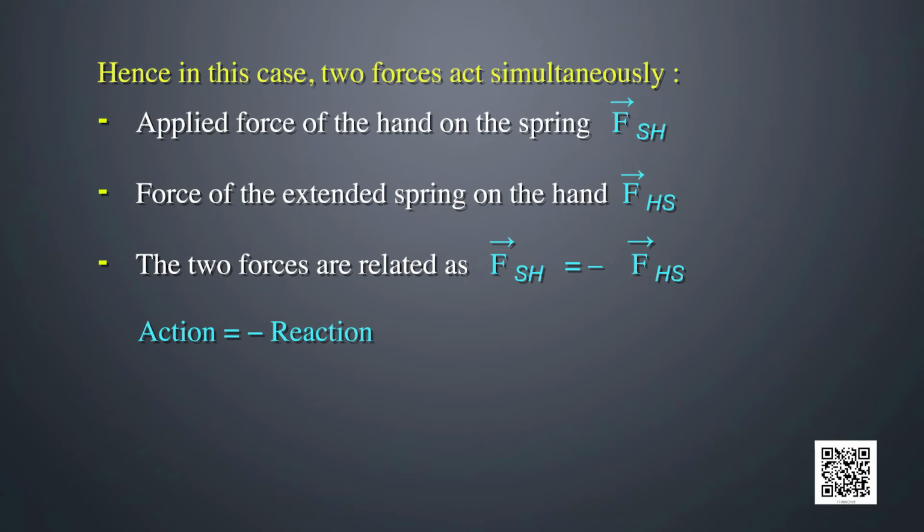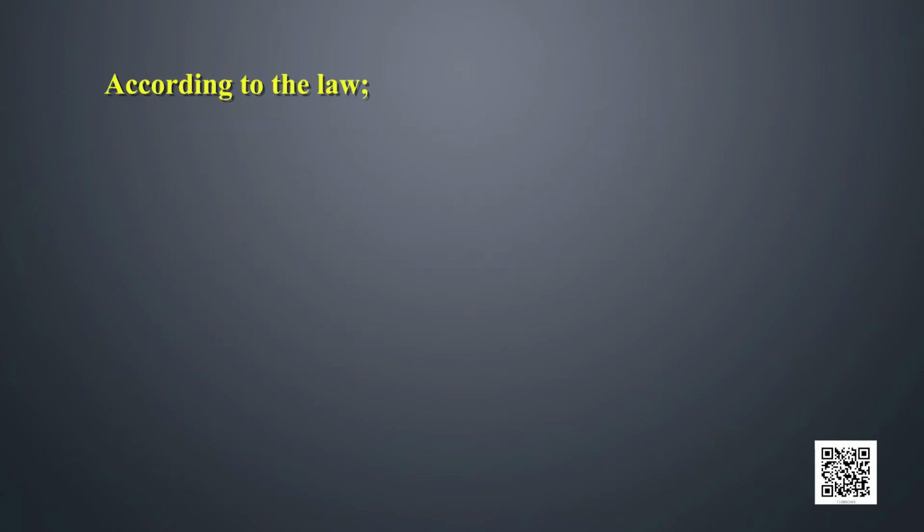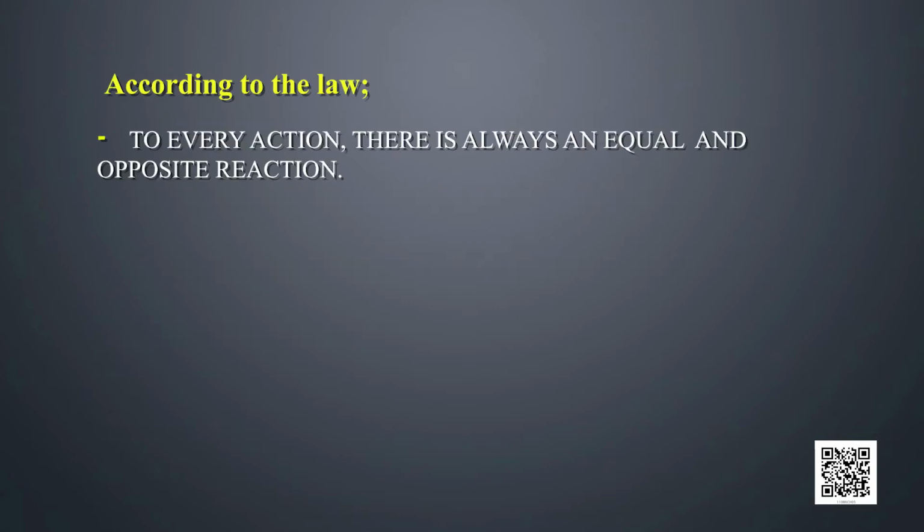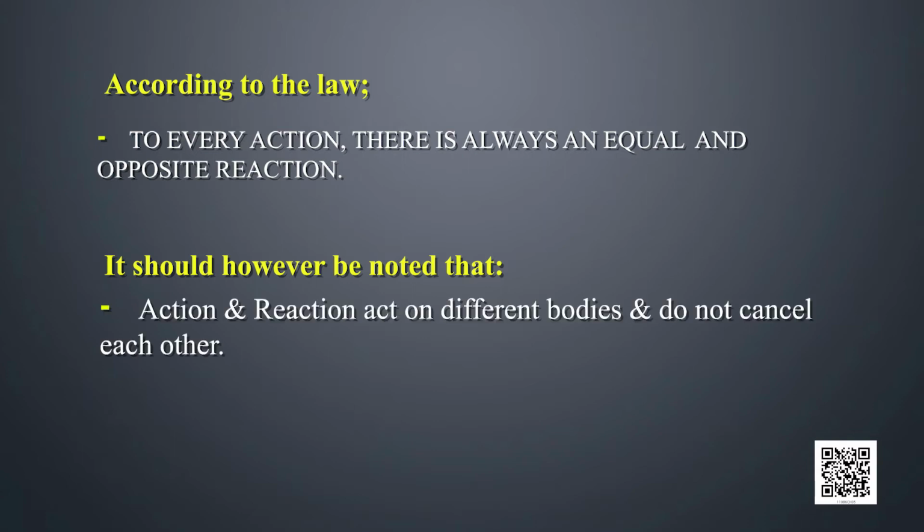This is the third law of motion. According to the law, to every action there is always an equal and opposite reaction. It should however be noted that action and reaction act on different bodies and do not cancel each other. The law holds even if the bodies are not in contact.